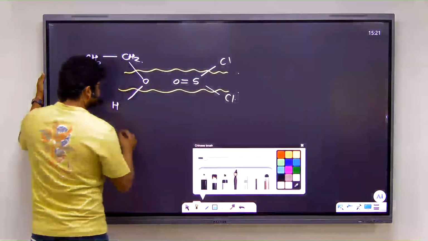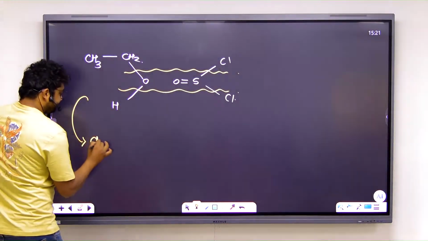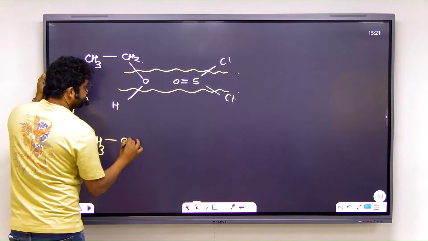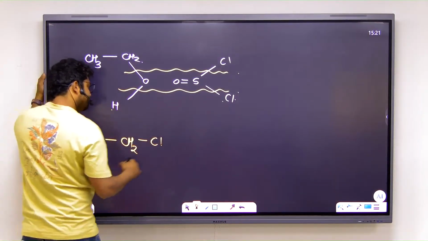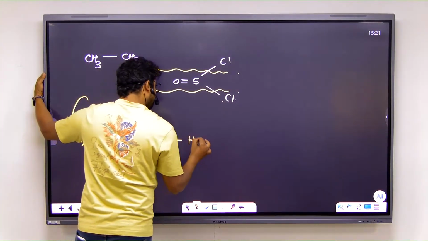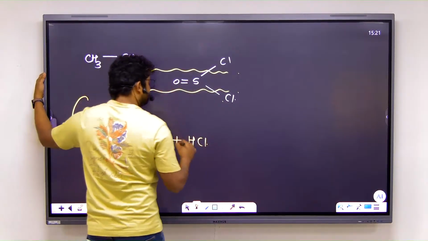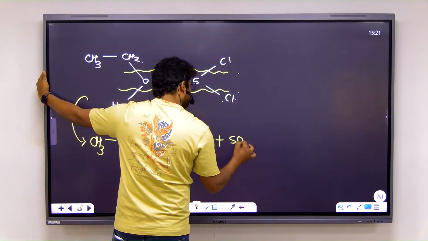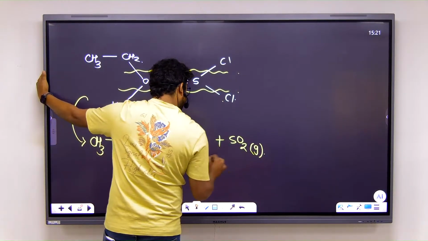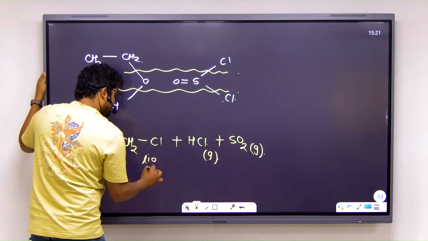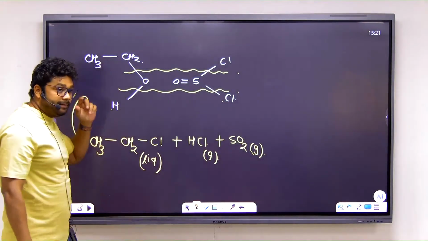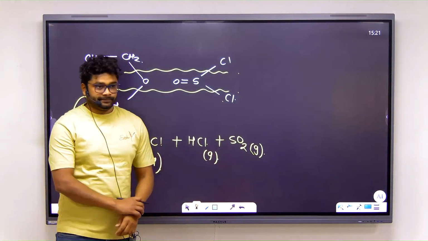And after this, you will obtain what? CH3CH2Cl. Then Cl with the H, HCl. Then SO with the O, SO2. But the only magical thing about this reaction is what? The byproducts are in gas.